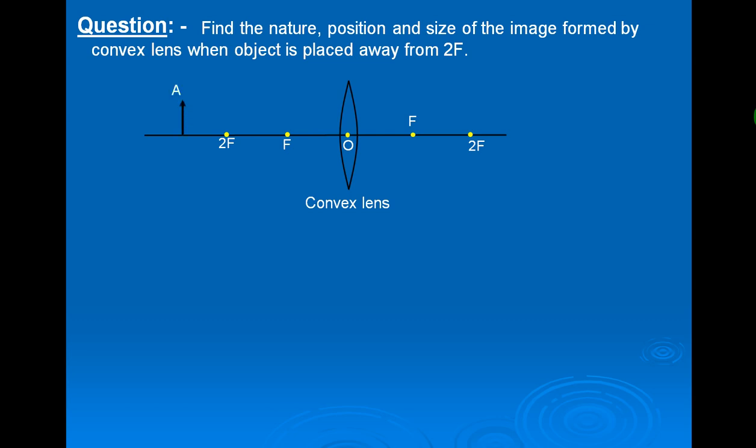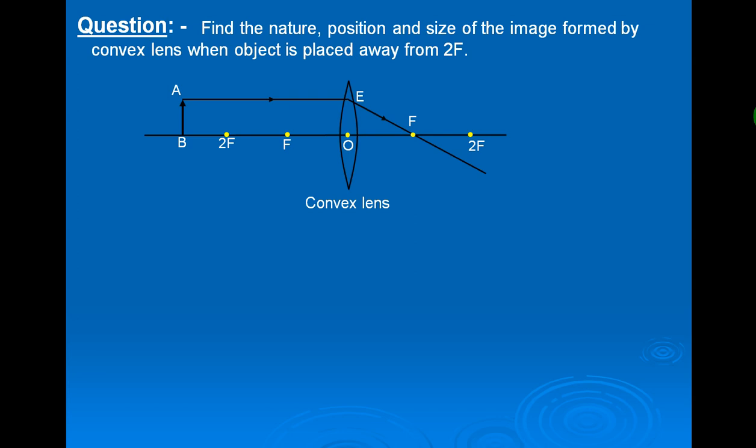Suppose AB is the object which is placed beyond 2F. From point A, draw an incident ray of light which is parallel to the principal axis and strikes the lens at point E. According to the first rule, it must pass through the focus point after refraction.